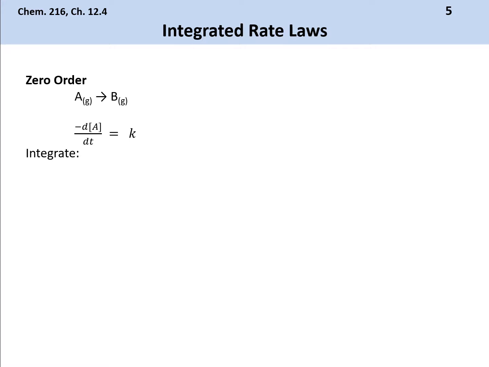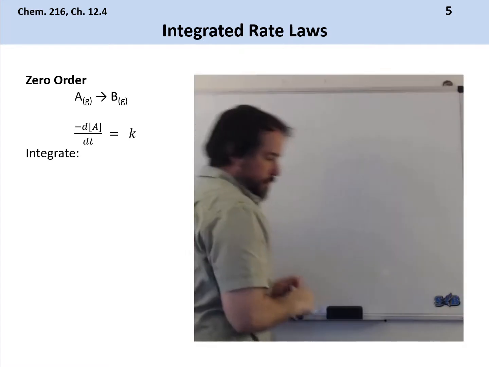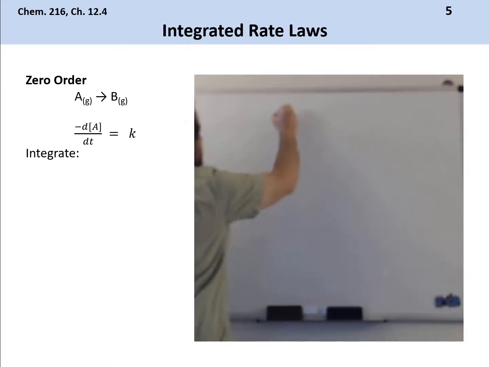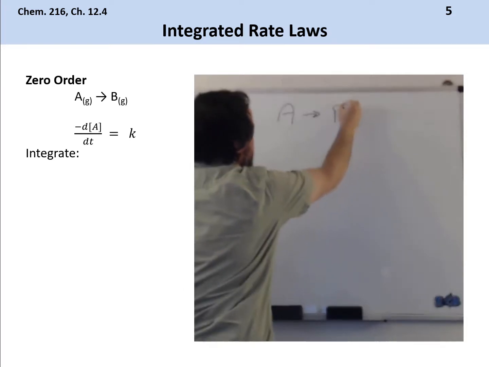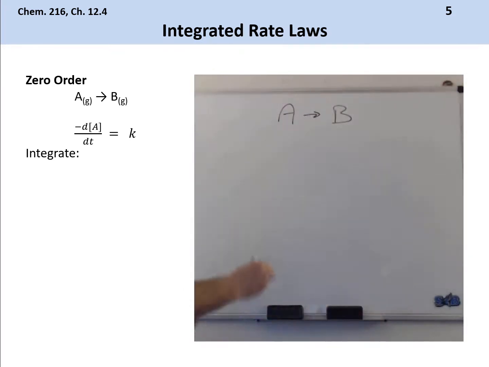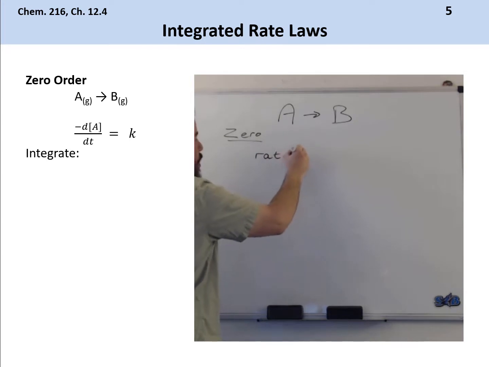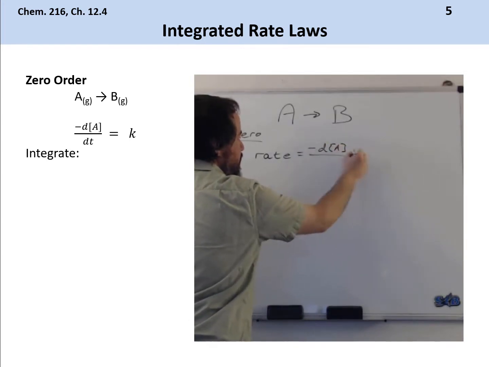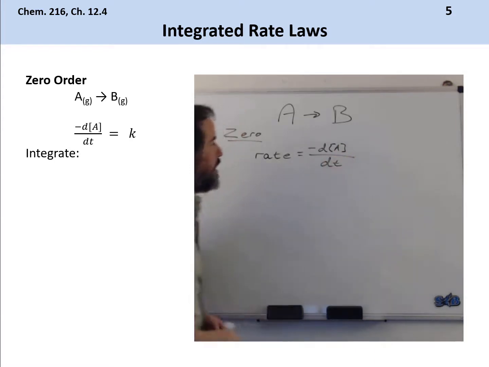All right, so let's say we have this reaction, A going to B, right? And we tell you that it's zero order. That means that the rate, which is equal to negative dA/dt, right?